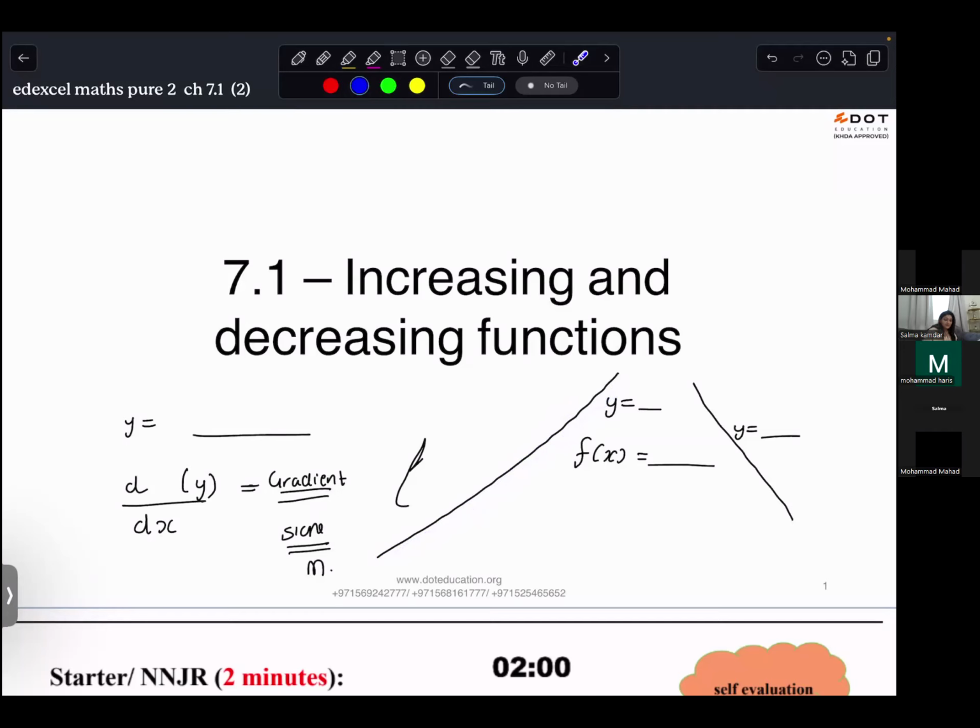Here, it's falling, right? So is the gradient positive or negative? The gradient is negative. So can I say f dash x is less than or equal to 0?